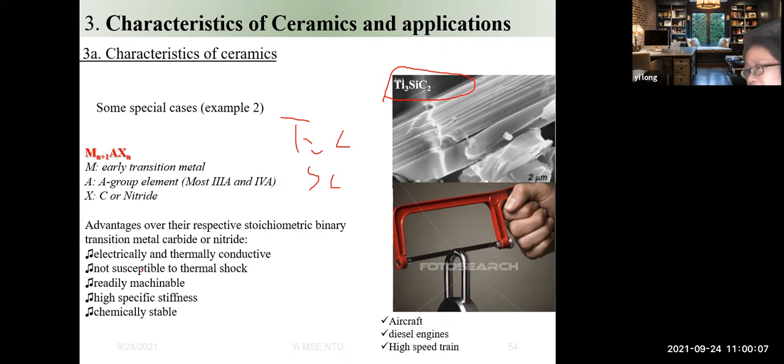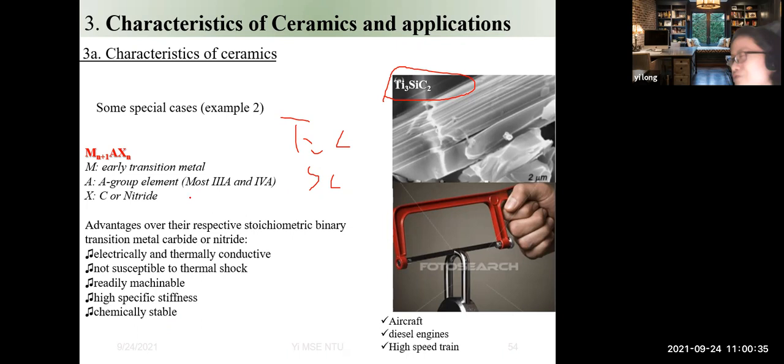It's still ceramic, but it has good thermal and electrical conductivity. It's not susceptible to thermal shock, and it's easy to machine, you can just cut it. Wow, ceramic can be cut. It has specific stiffness and still enjoys the goodness of ceramic, which is being chemically stable. They combine the good things of metal and ceramic.